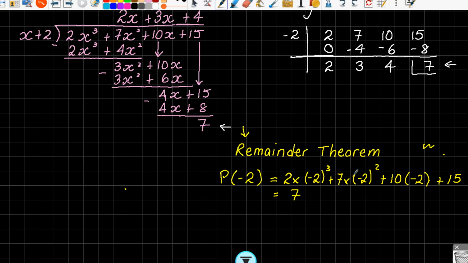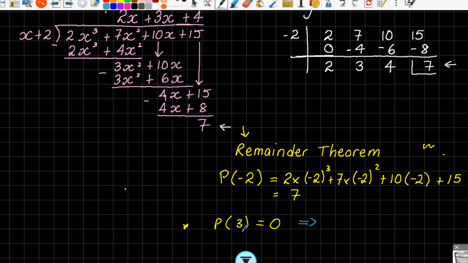What happens if I said P of 3 equals 0? What is the meaning of this? It's really important. When it's P of 3 equals 0, that's really, really important. What does that mean? 3 is a root, absolutely.